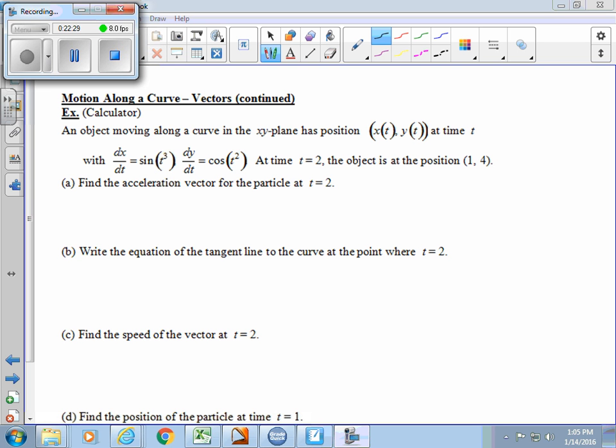If you go back to the limit definition of derivative, you used radians.